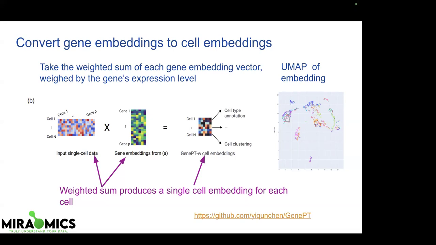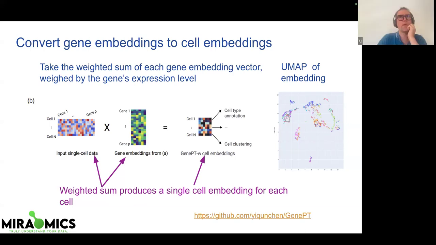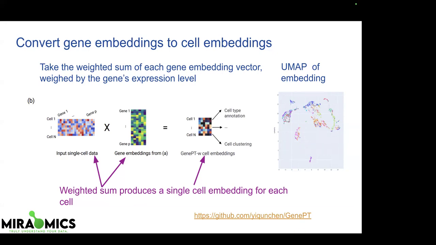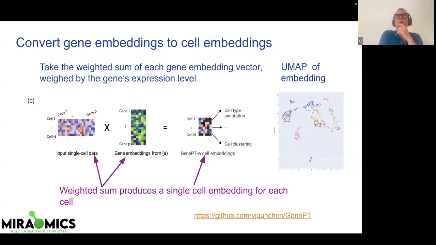Question. So, do you have an intuitive way to think about the calculation you're showing on the slide right now? Is it projecting from one place to another? Yeah. So I think each gene is represented by a direction, right? And this is in a high dimensional space. So that's 3078 dimensions.